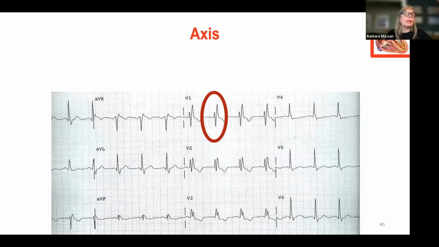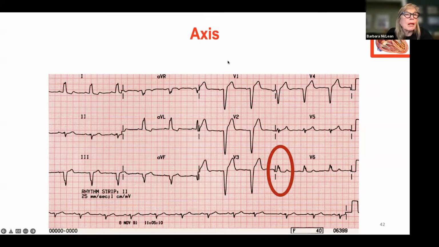Right bundle branch block, left axis deviation, which means your right bundle and your left anterior fascicle are not functional, which means you're operating your heart on one fascicle only, and that's the posterior fascicle. So be aware, be concerned, think about the drips that you're putting your patient on. If you think you have to give them something that can actually slow conduction, you're going to be really darn cautious.